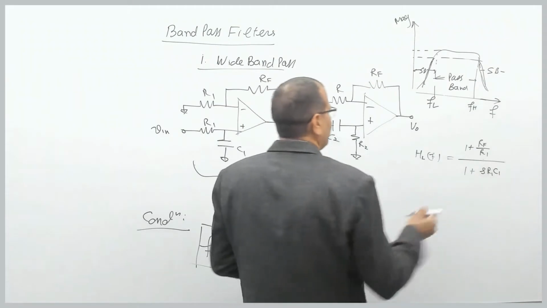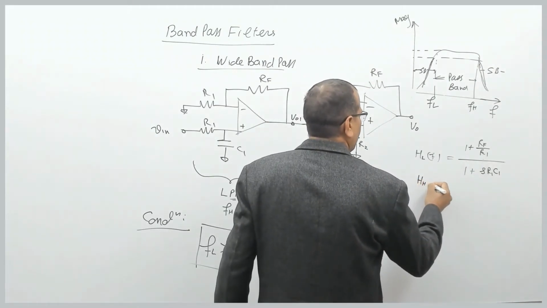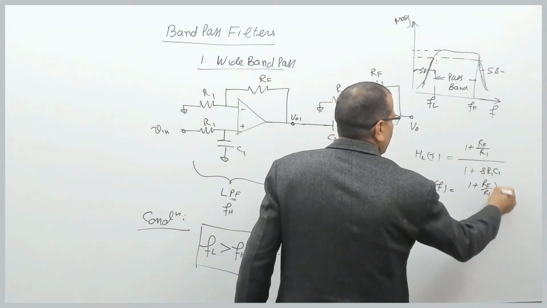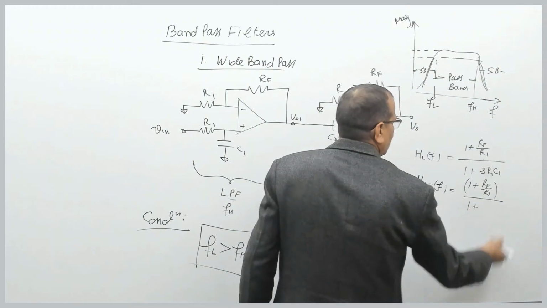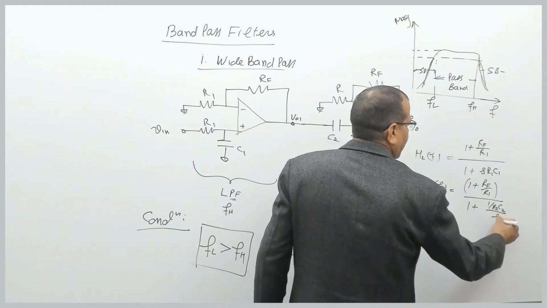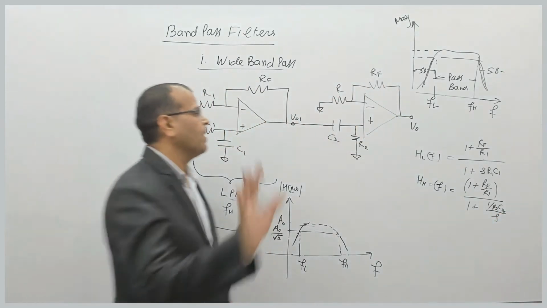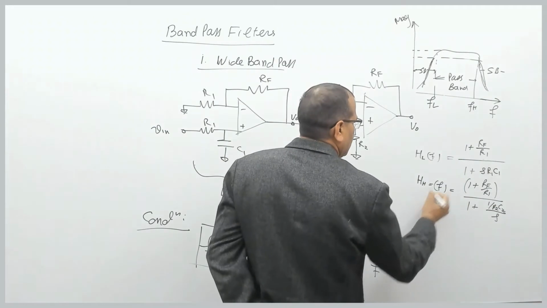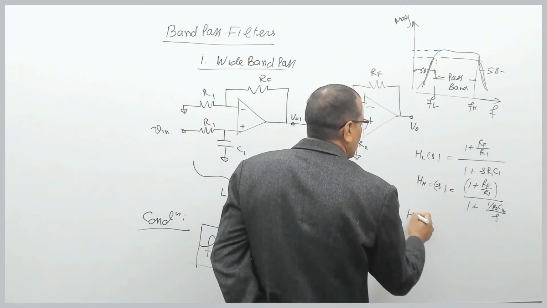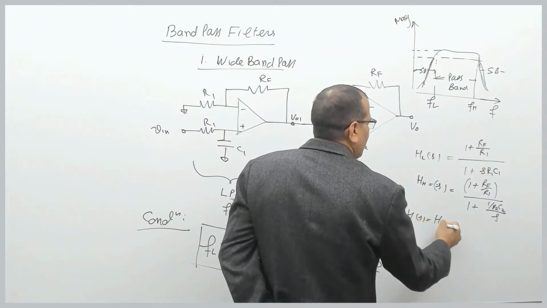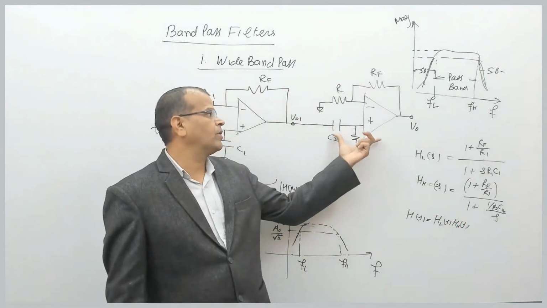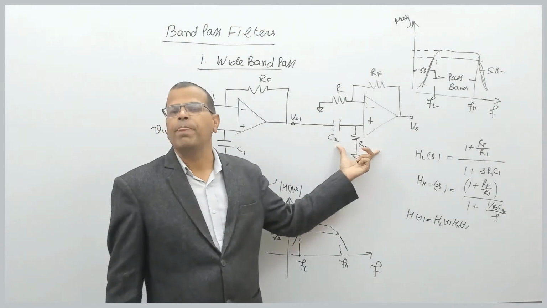And what is the transfer function of the high pass stage? The transfer function of the high pass stage is equal to 1 plus RF by R1 divided by 1 plus 1 by R2C2 divided by S. That's what you have. Fine. So when you multiply, the overall transfer function becomes the product of these two, because in cascade stages the overall transfer function is the product of the first stage and the second stage.